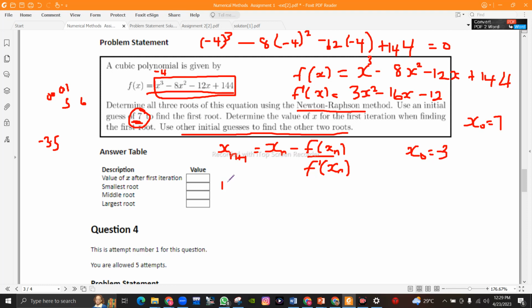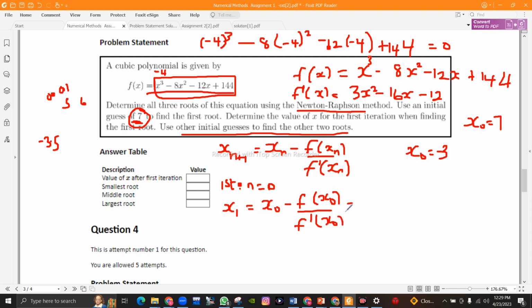For the first one, when n is equal to 0, you're going to have x1 equal to x0 minus f of x0 divided by f prime of x0.